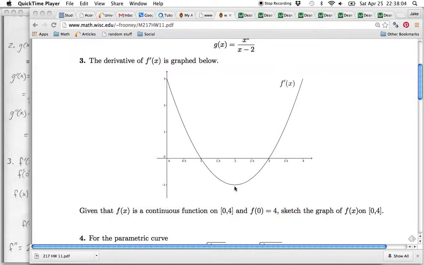But notice we go from 2, -1, and if we go over 1, we go up 1 here, and same thing here. If we go over 1, we go up 1, and then if we go over 1 again, now we're going up to here.